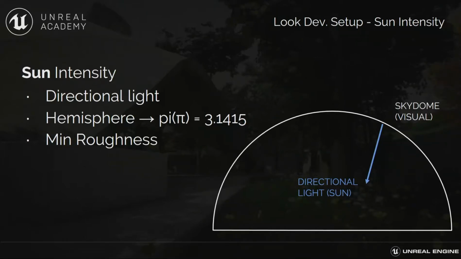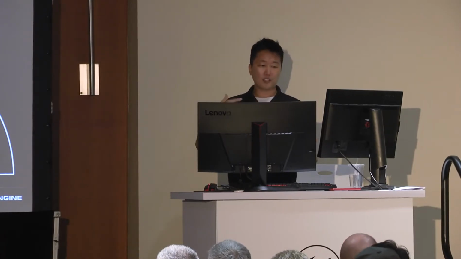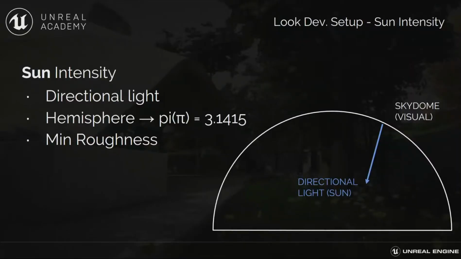The last one, min roughness, is a way to blow out a highlight that you feel is too sharp. Generally, it is a good idea to use the roughness in the material rather than setting the min roughness on the light, but it can be useful for the occasional straight light that has a sharp highlight. A lower min roughness value will sharpen the highlight, and a higher value will soften the sharp light, softening the highlight.